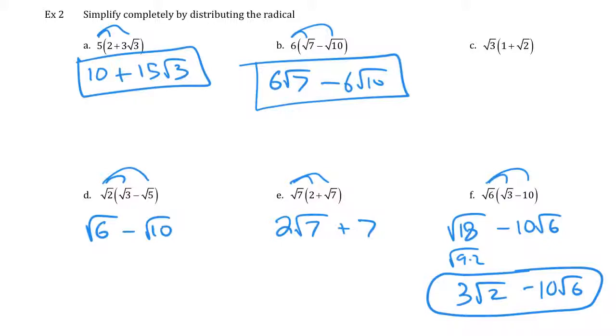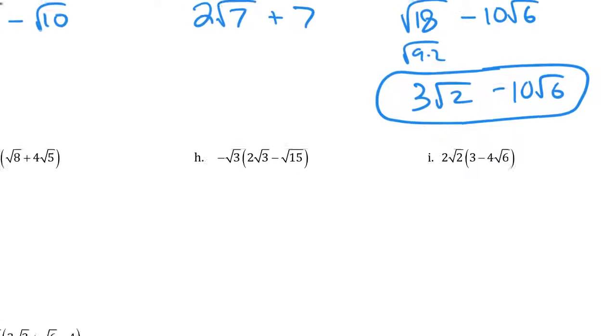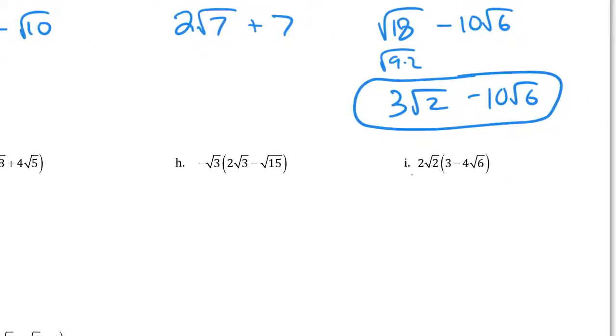Moving on. Let's do problem I. So when I do problem I here, notice my outside, the thing that I'm going to distribute in, is 2 root 2. So I'm going to distribute that.